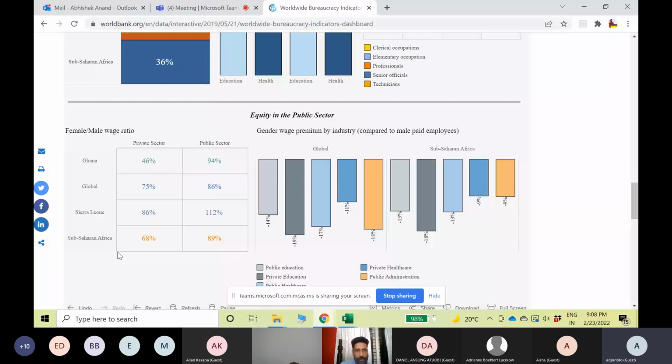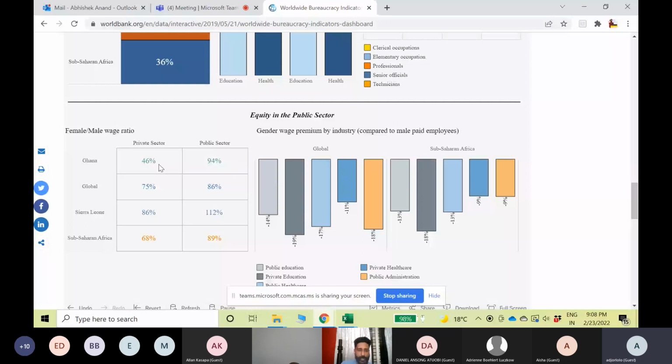There are certain good things about Ghana which we discussed earlier, but this is something where maybe Ghana needs to do better. When it comes to wages, there's a lot of discrimination against females in the private sector. On average, the wage rate for females in Ghana is only 46% of their male counterparts.